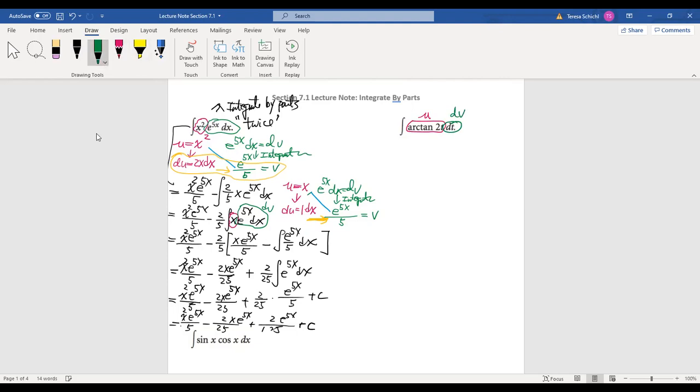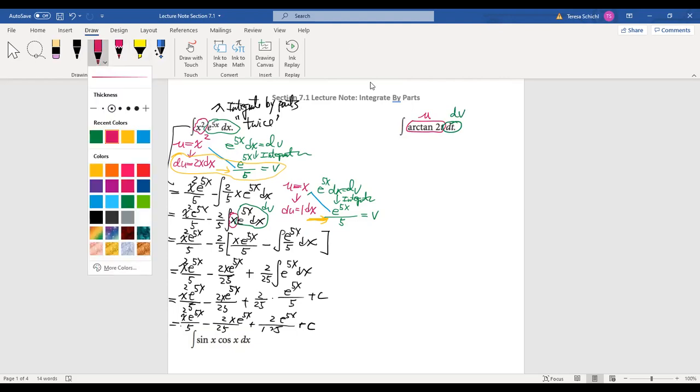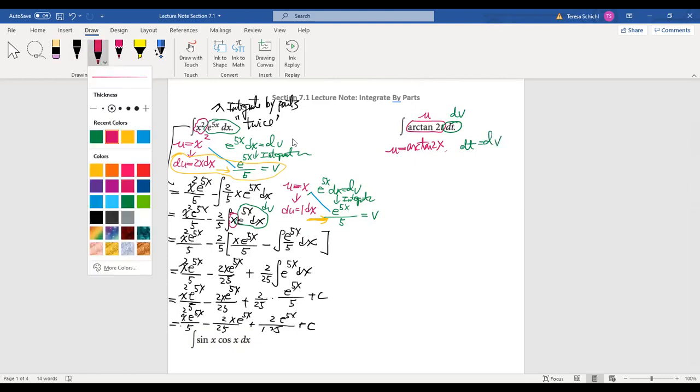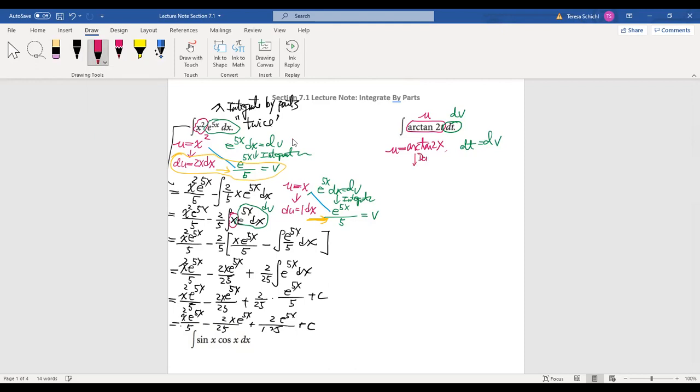So let's write it one more time. The u is equal to arctan 2t, and what is the dt equal to? dv. Good job.